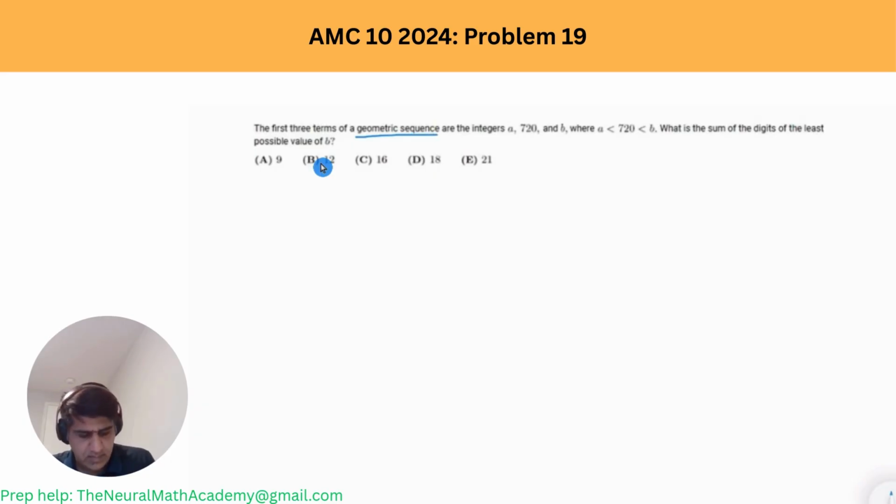So based on that, we can write the ratio of 720 to a equal to b over 720 because the common ratios are the same in geometric sequences. So now if I rewrite this expression, I can write it like this: b is equal to 720 multiplied by 720 over a.